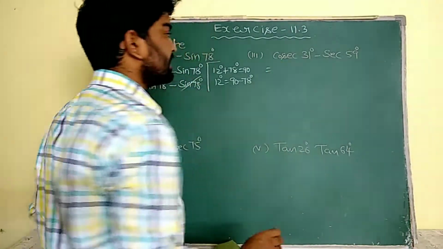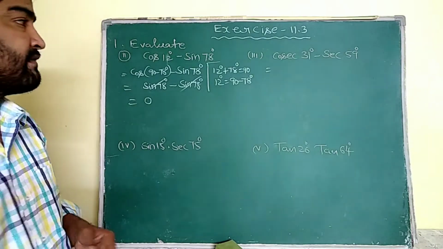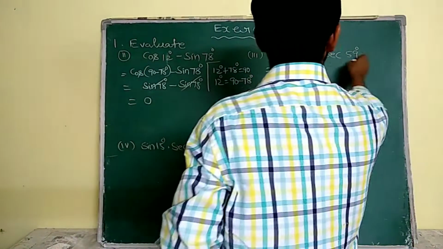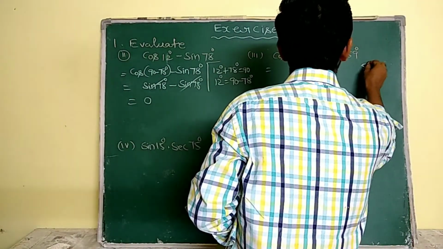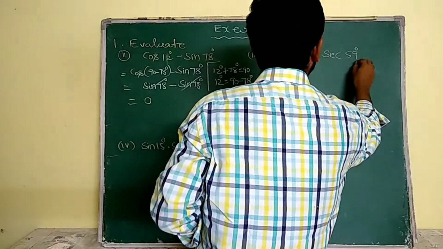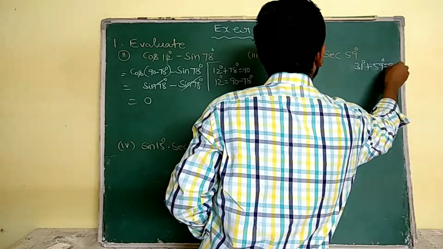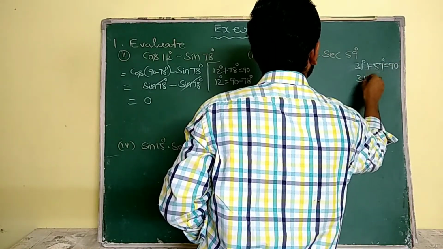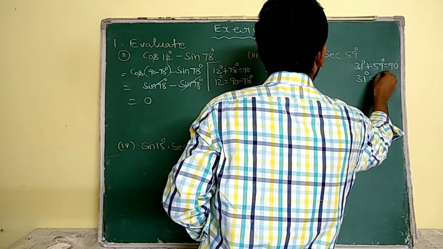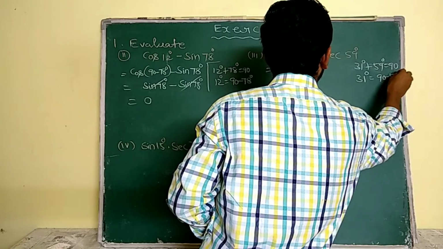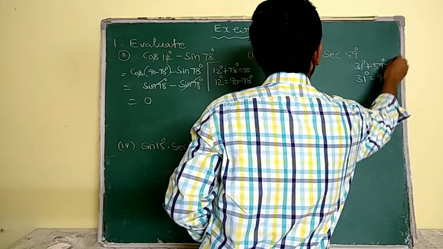Now coming to the third one: cosecant 31 degrees minus secant 59 degrees. We don't know these 31 and 59 angles, so firstly we have to add them. 31 degrees plus 59 degrees gives 90, we know that. Now alter 31 degrees in terms of 59 degrees.